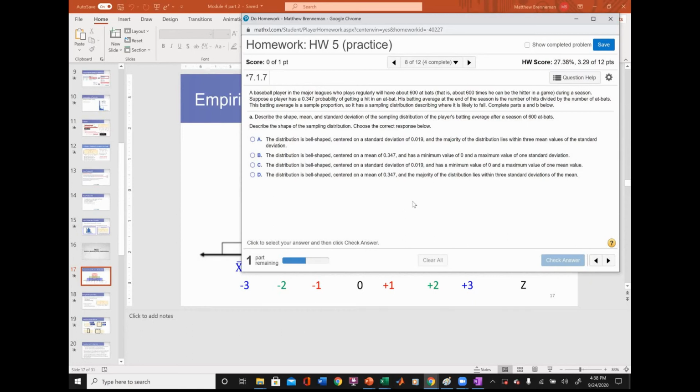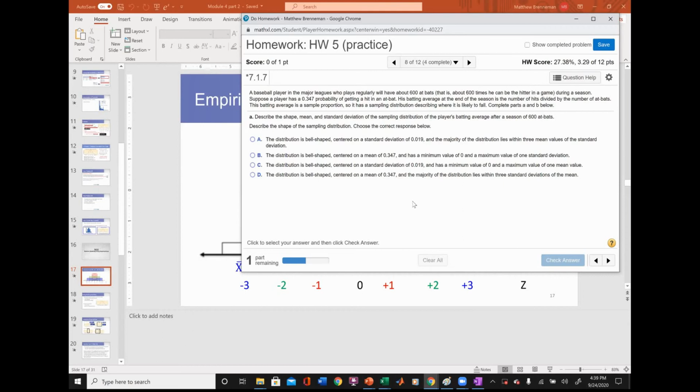Okay, so this is a baseball player in the major leagues who plays regularly and will have about 600 at bats, okay? There's about 600 times that he gets to be a hitter during a regular season. Suppose a player has a batting average of .347. So this is his real batting average, so God knows that he's really a .347 hitter.